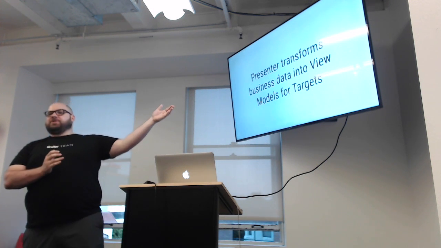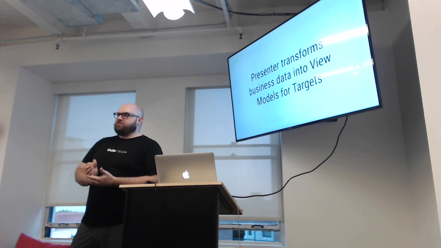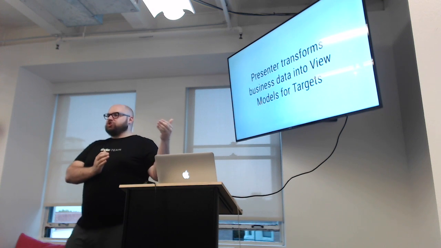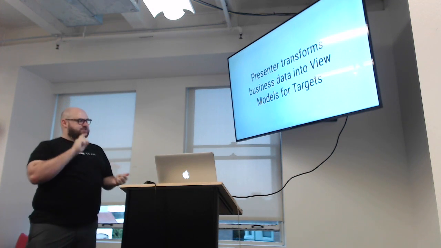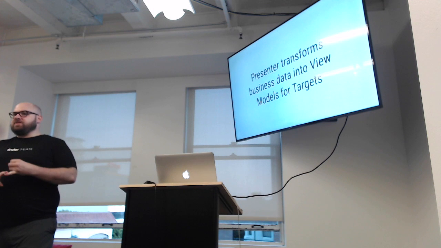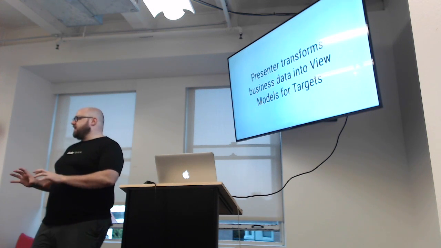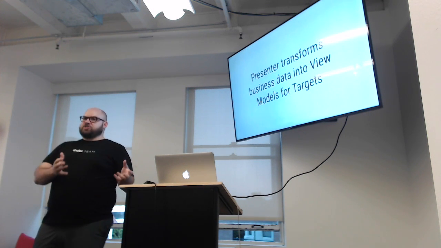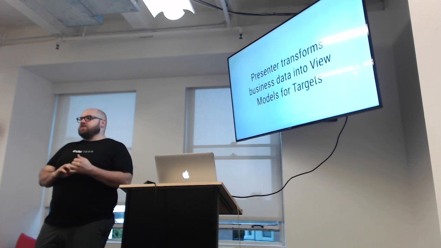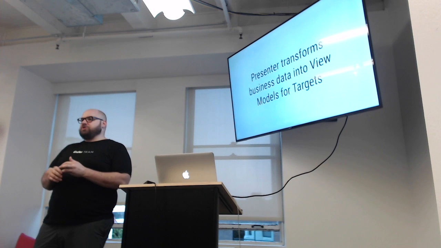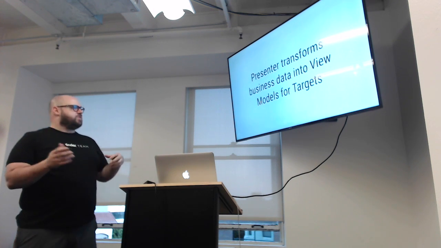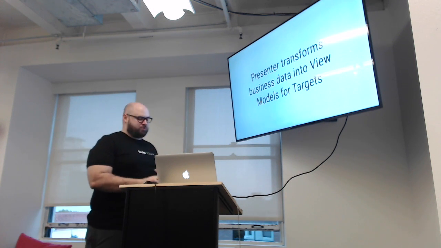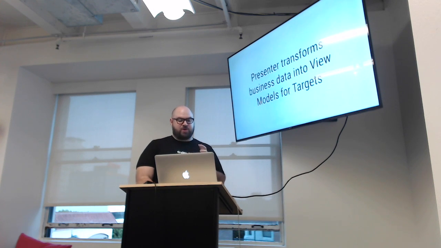That Pokemon object I got back did not translate very well to what I want to actually show on my UI. So your presenter can intercept, spy on these data changes, manipulate the data, and give the correct things to show to the view. This plays hand in hand with the target, which is saying, hey, I know how to show some view models, and it's super dumb. The view doesn't have to know how to do anything really.